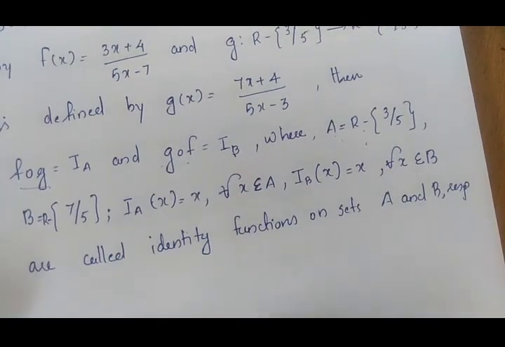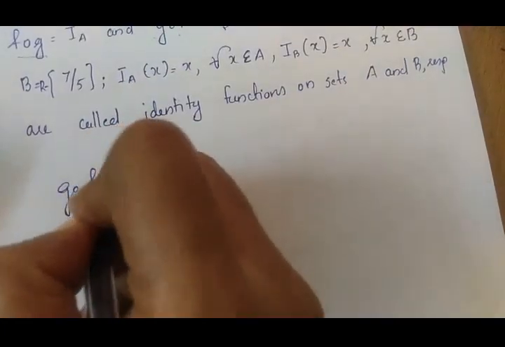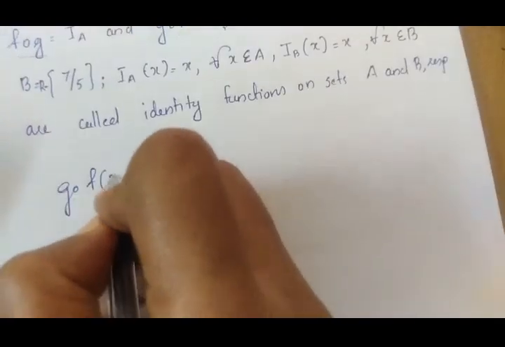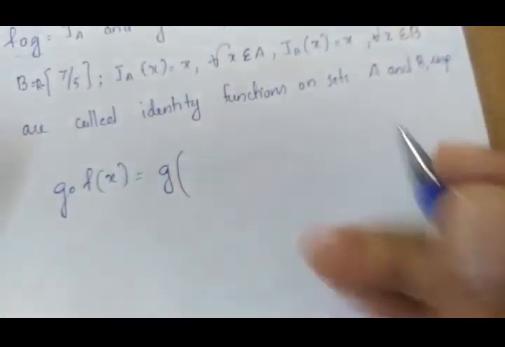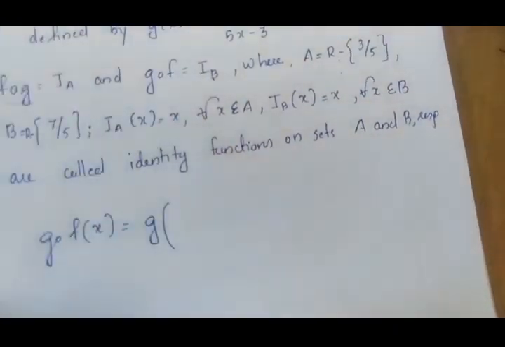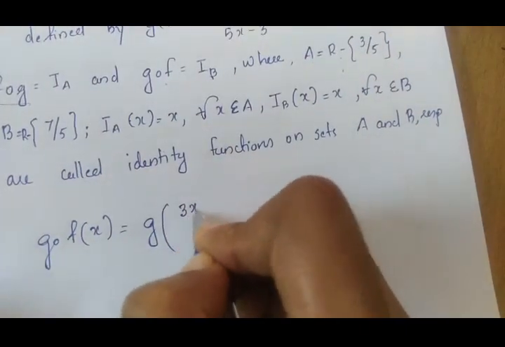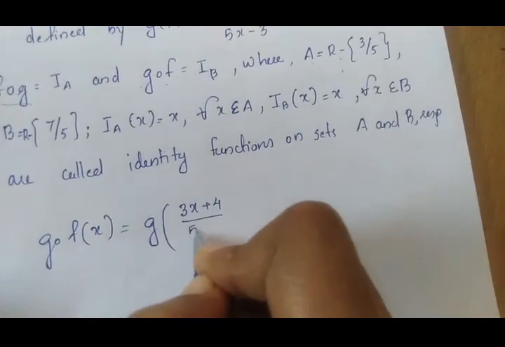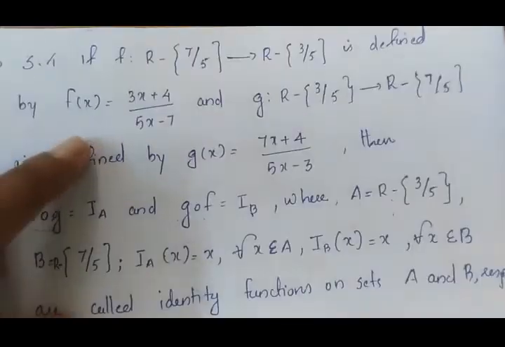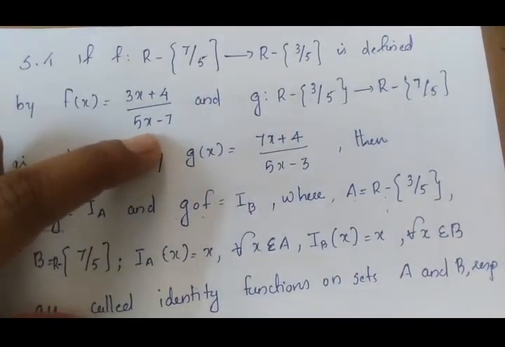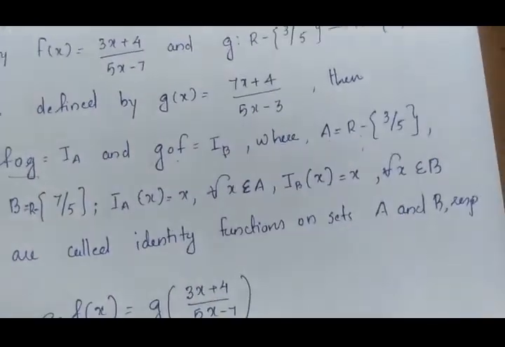First we have to find the composition g of f of x, where f of x is equal to (3x plus 4) divided by (5x minus 7).